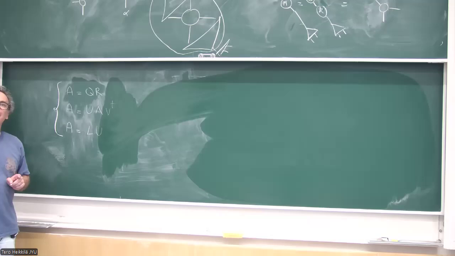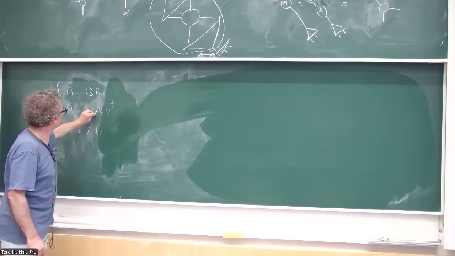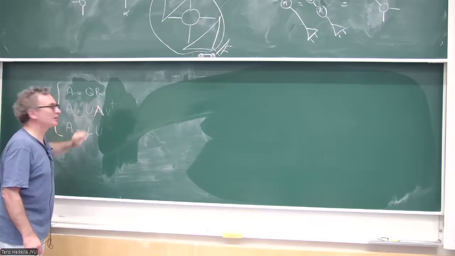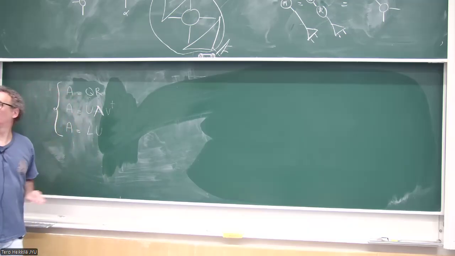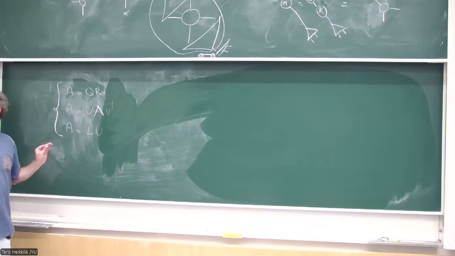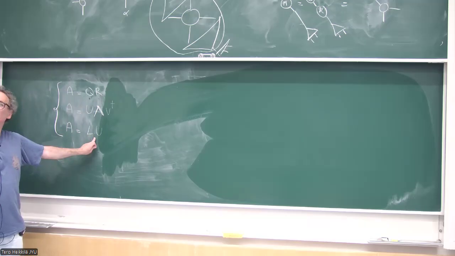Yes? Lambda. This is a capital lambda. And this matrix is diagonal. But I will do both of these two in their turn in detail. This one will be important when we start to do compression. LU has to do with when you learn the Gaussian elimination in undergrad first year.